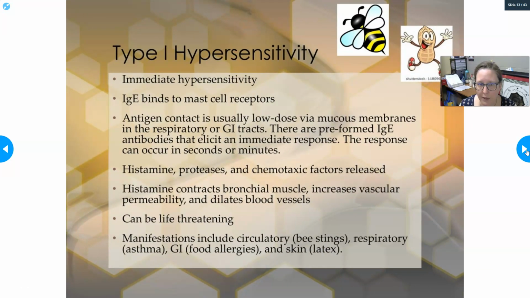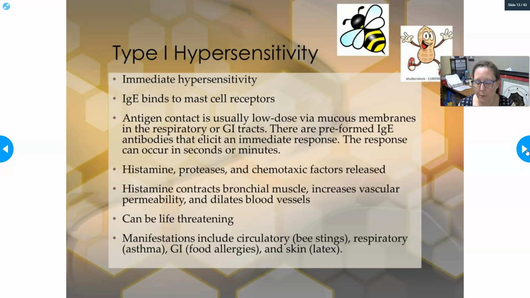Okay, so type 1 hypersensitivity is always an immediate hypersensitivity, in which IgE is involved and binds to mast cell receptors. So this is really true allergies.